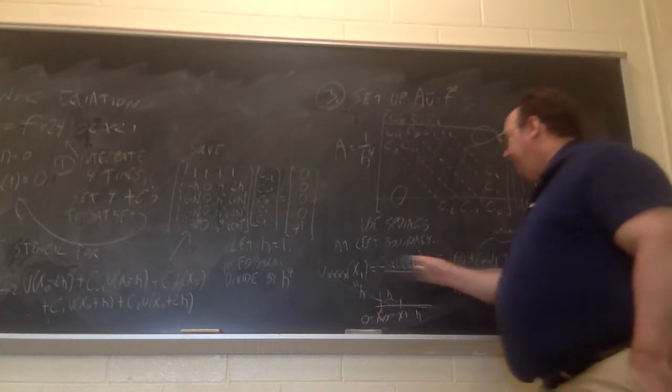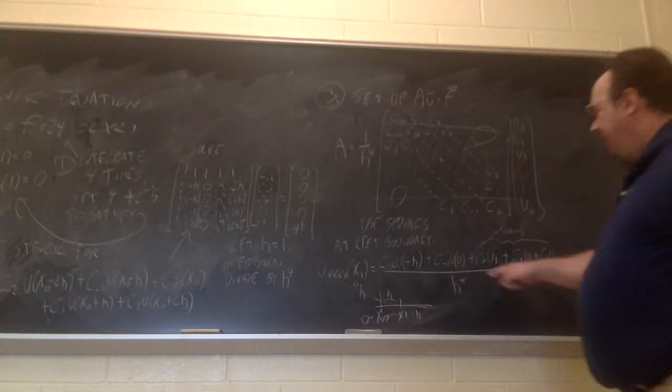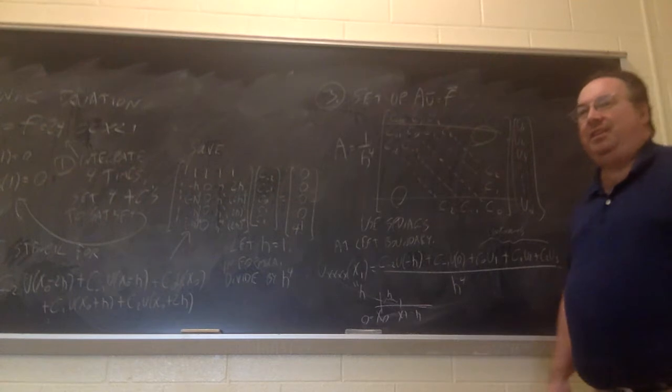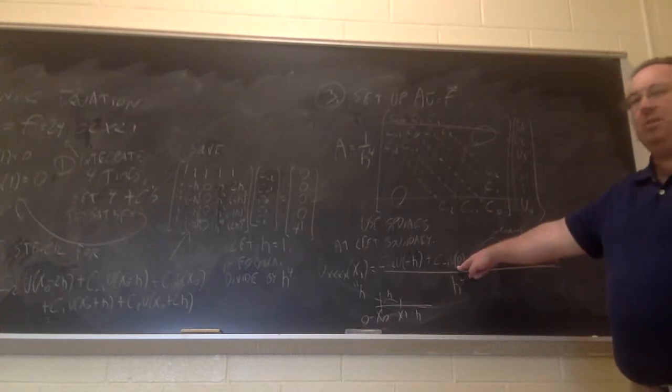So we have to deal with these terms because they're not among our unknowns. Just the last three are unknowns, so we definitely don't have to worry about those. Why is this one not a problem?